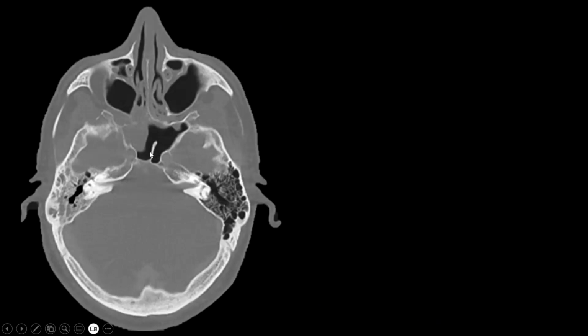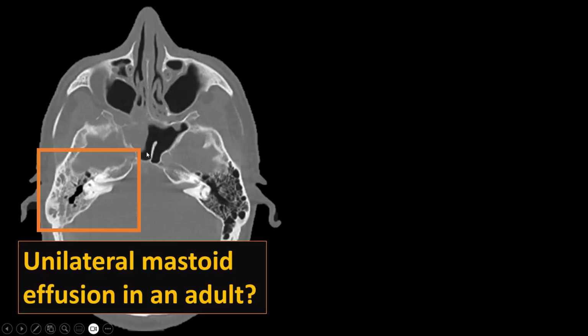Then, what do you also have to recognize in adults? That is a nasopharyngeal carcinoma. If you see a unilateral mastoid effusion in an adult, take-home message: always check the nasopharynx, because we now know that the middle ear and the mastoid air cells get drained by the Eustachian tube, and the orifice is in the nasopharynx.